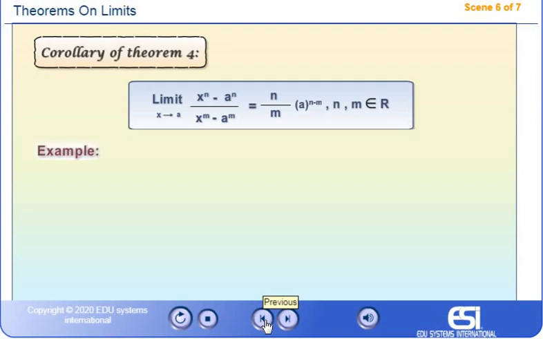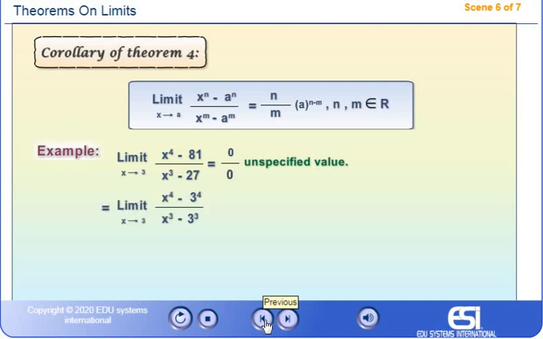In this example, limit x power 4 minus 81 over x power 3 minus 27 as x tends to 3 equals the unspecified value 0/0. As x in the numerator has the power 4, we convert 81 to 3 power 4, while as x in the denominator has the power 3, we convert 27 to 3 power 3.